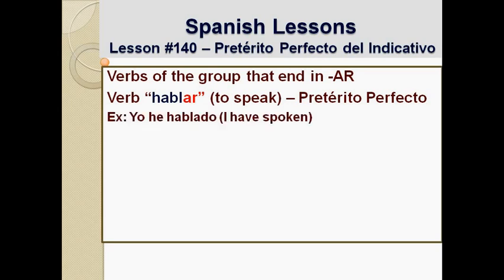So, this is an example of the tense pretérito perfecto del indicativo. Yo he hablado, I have spoken, okay? And same as in English, we would use the verb to have as an auxiliary verb, right? I have spoken. In Spanish, we use the verb haber, that means to have or to be, okay?